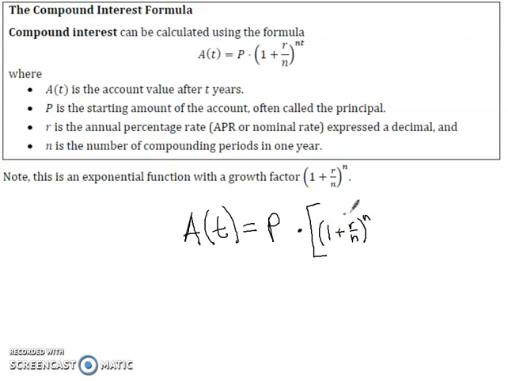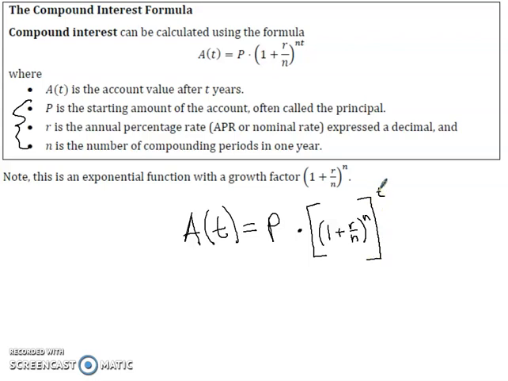These are all values that we would plug in. R is not a variable, n is not a variable. Those are numbers that we are given depending on the scenario that we're looking at. P is also not a variable. We would plug in a value for P, our principal.